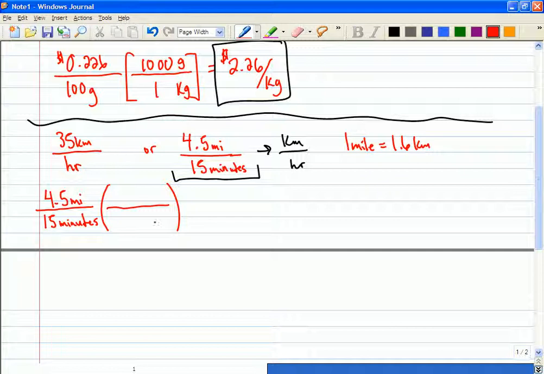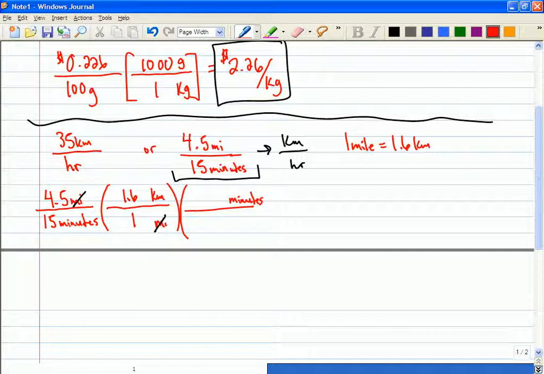I want miles out of this problem, and I want kilometers in. So this will get rid of miles and put kilometers in. 1.6 kilometers is 1 mile. Now I'm in kilometers per minute. So what I need to do here is figure out how to get from minutes into hours. I want the minutes to disappear.